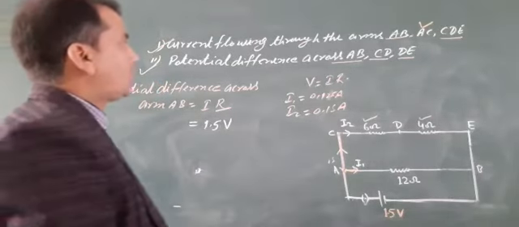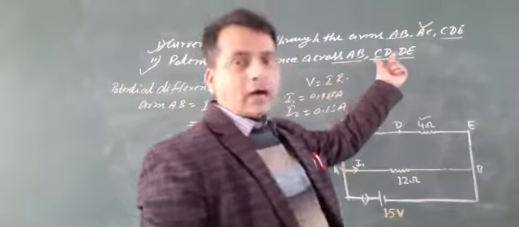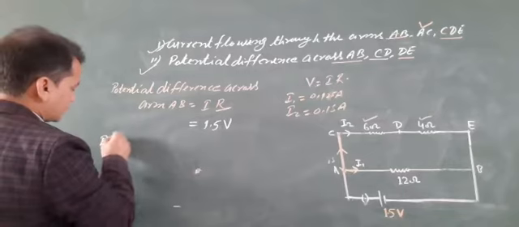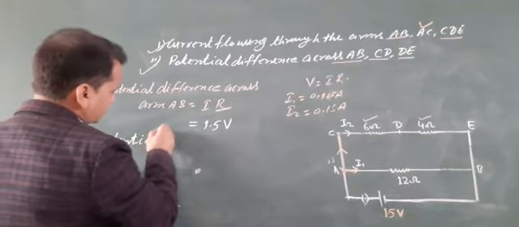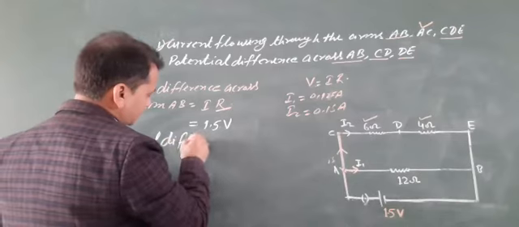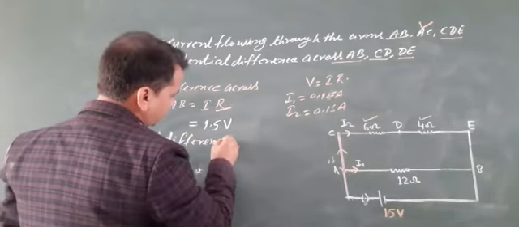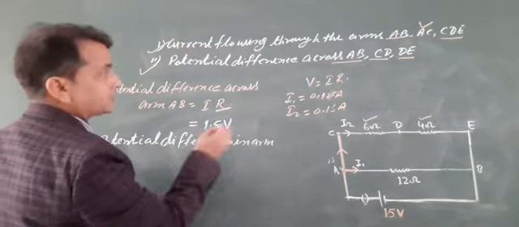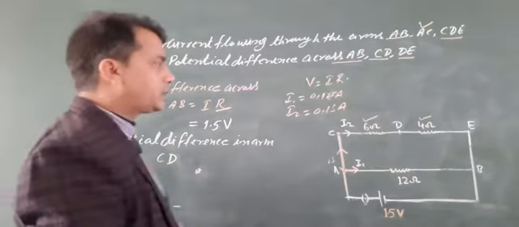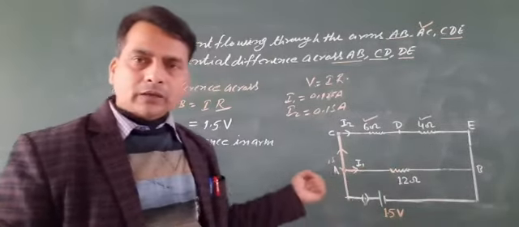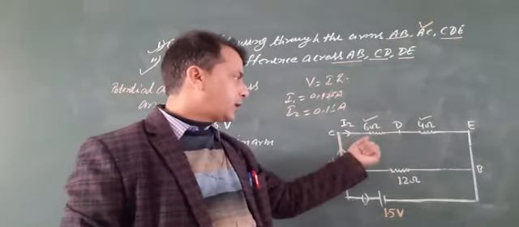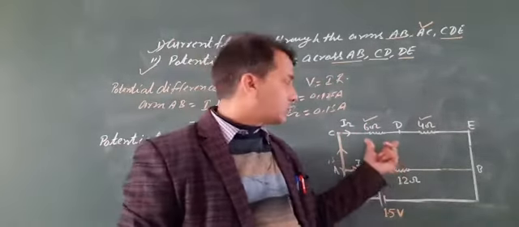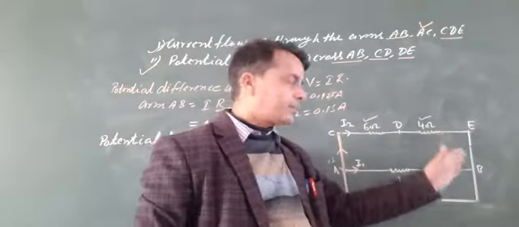Now next is the potential difference in the arm CD. In this arm CD, the resistor used is 6 ohm. So what is the potential difference in this arm?